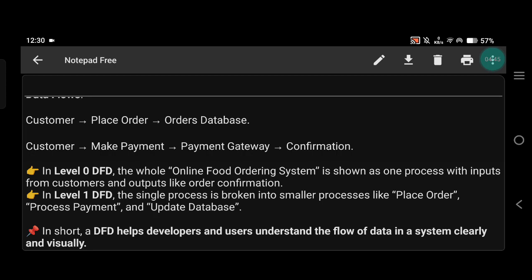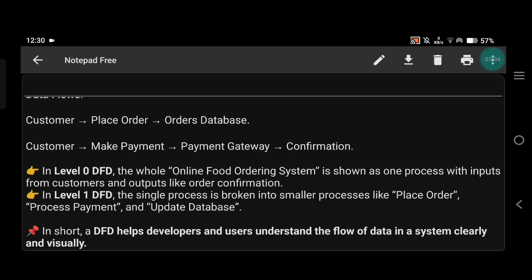Then in a level 1 DFD, the single process is broken into smaller processes like place order, process payment, and update database.